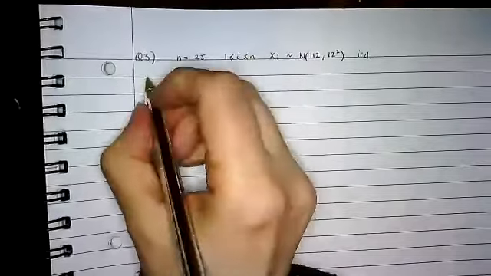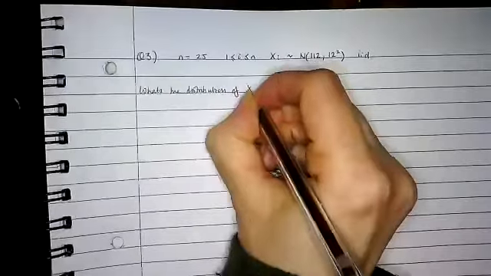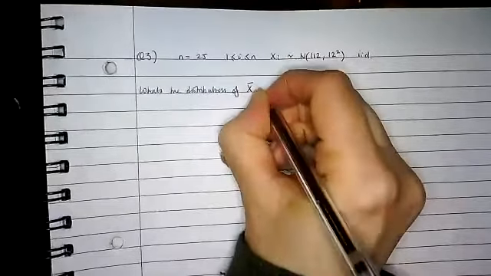Okay, so the first part was, what's the sampling distribution of X bar 25? So what we're being asked for is, what's the distribution of the mean of these IID random variables that we're looking at?